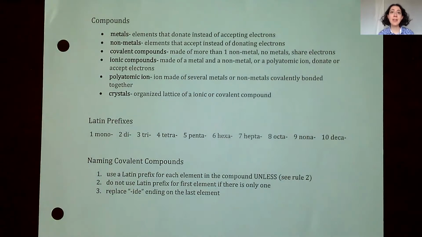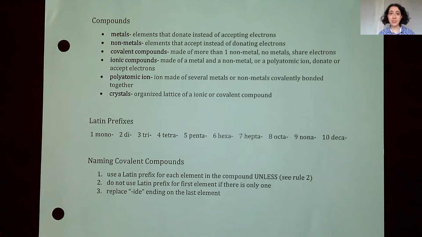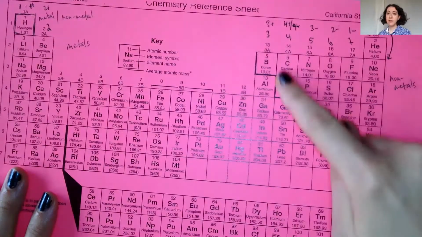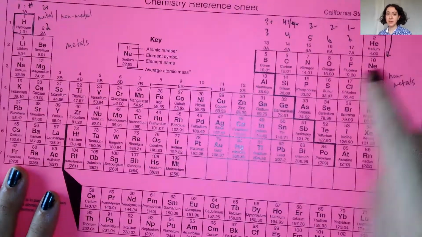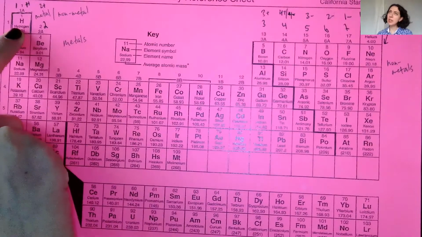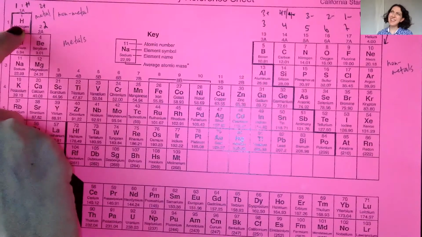So the first thing are some vocabulary terms that you're going to need to know. So we are going to need to know about metals versus nonmetals. If you remember, these are all marked off on your periodic table, right? All of these elements are nonmetals. Everything else is a metal, except for hydrogen, which is mostly a nonmetal, but technically can be a metal.